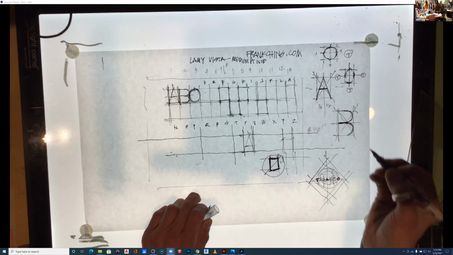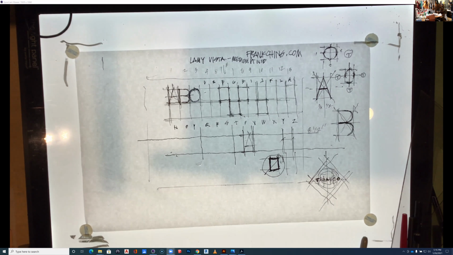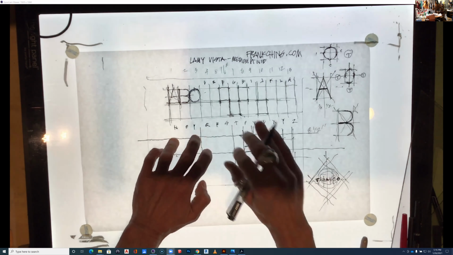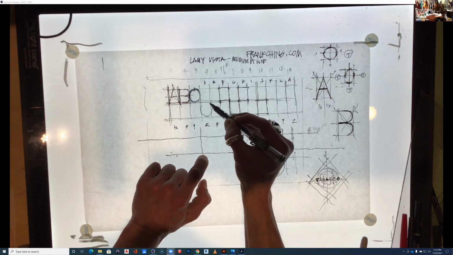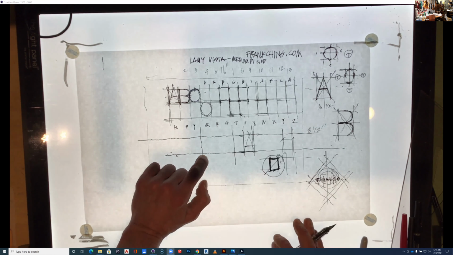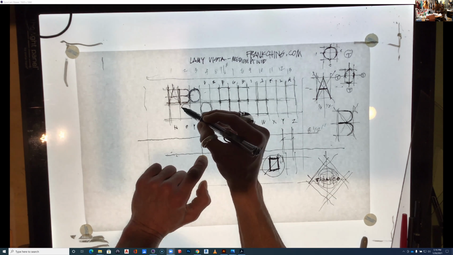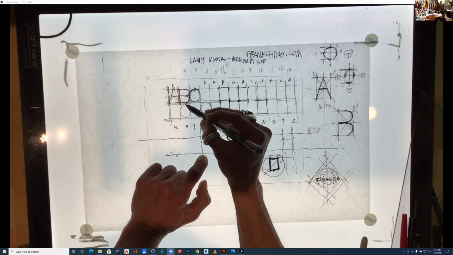There are 26 letters. So now I can start to organize this and, okay, my Q, well, I've already solved that problem. The O, no problem, easy peasy.